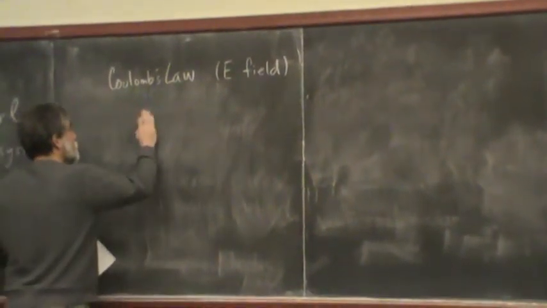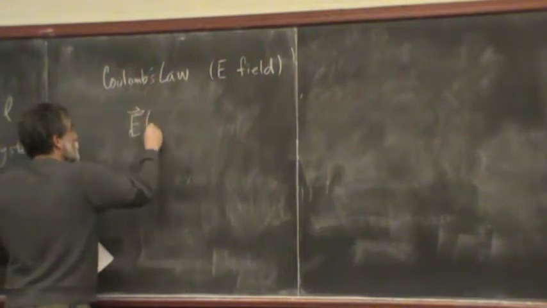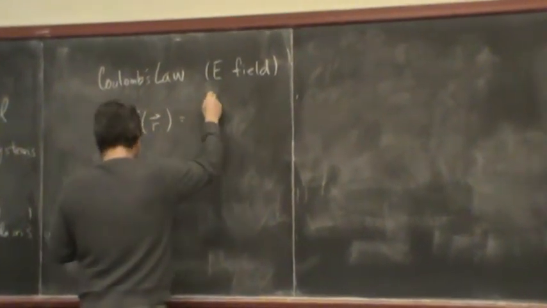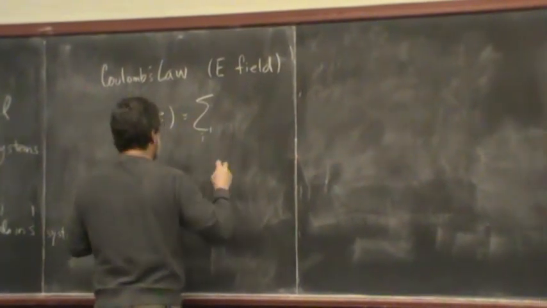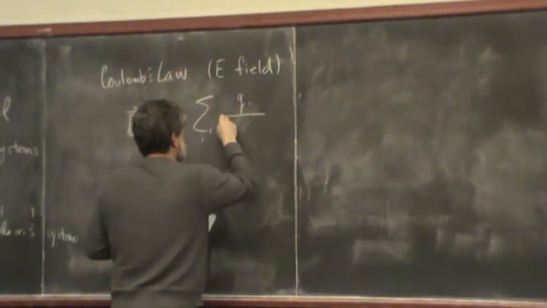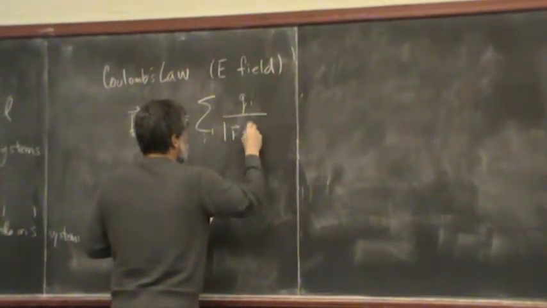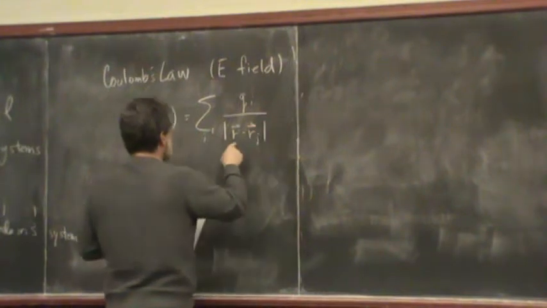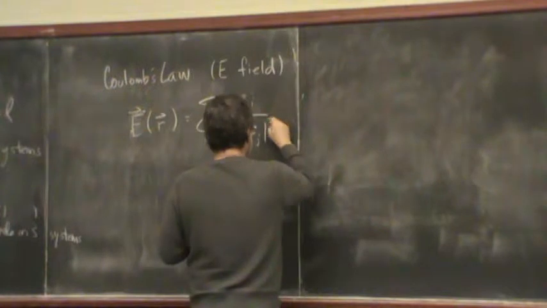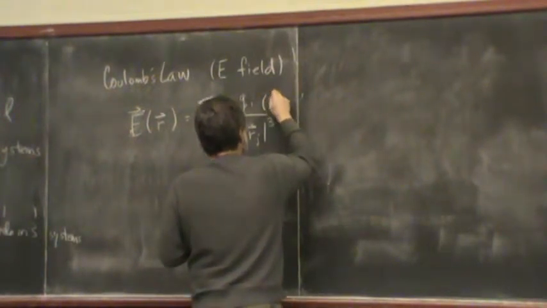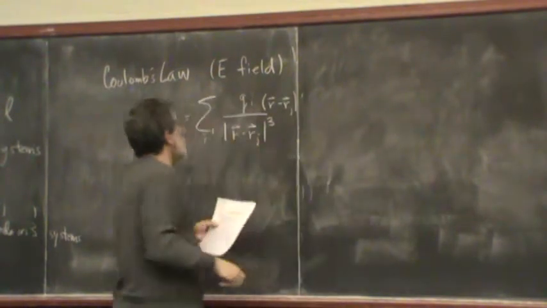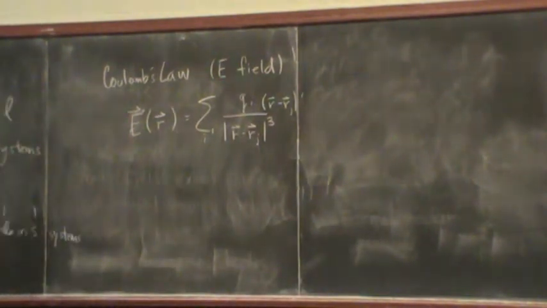The electric field due to a collection of charges is a sum over all the charges in the system, that's the position of measurement R, and I will cube this because then I'm going to multiply by that. So that's what I mean by Coulomb's law.